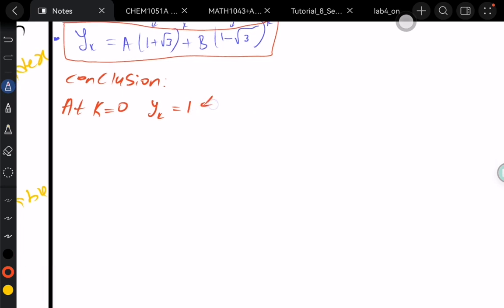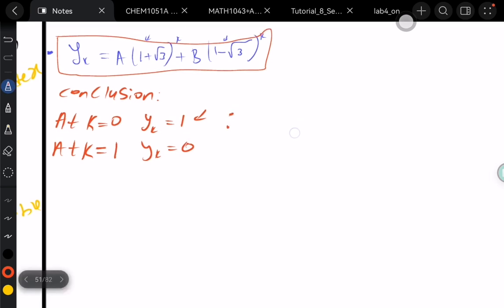You can put any number here. For condition 2, my value of k is equal to, let's say, 1. Therefore, my first value of k can be, let's say, 0.